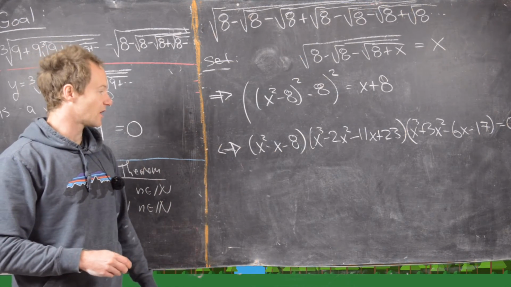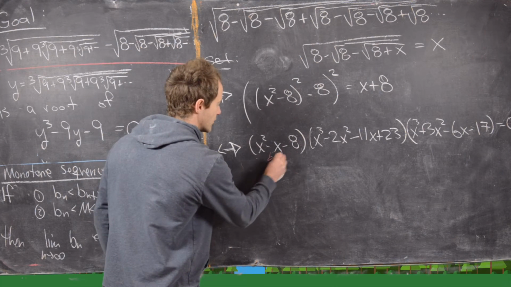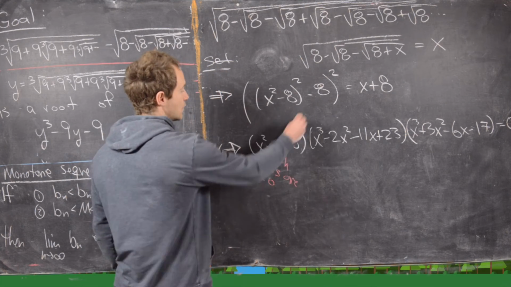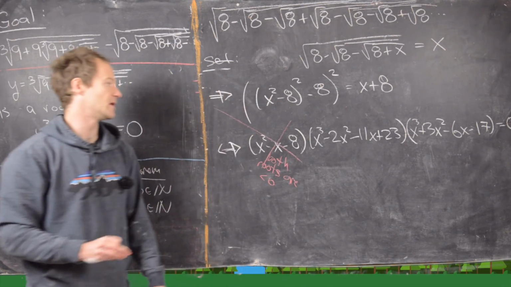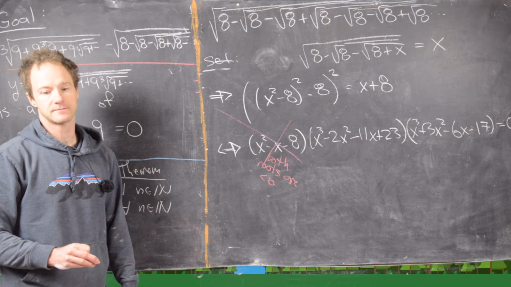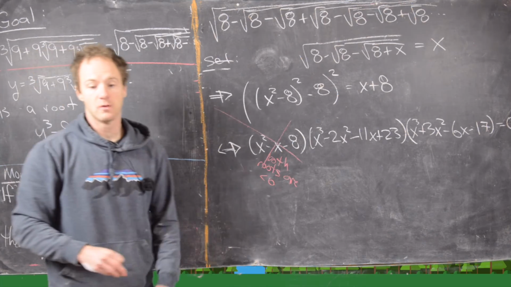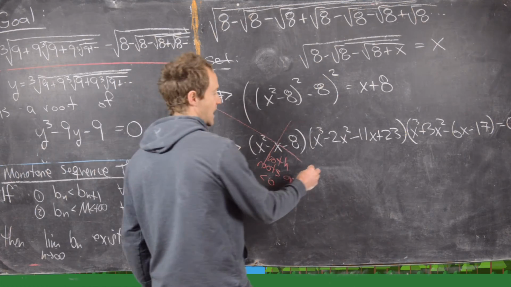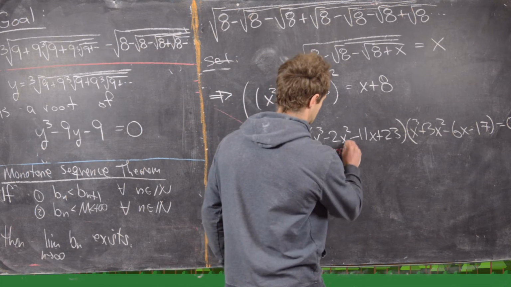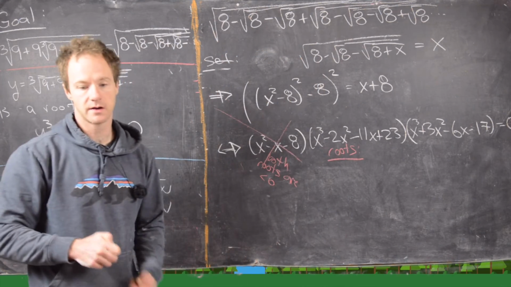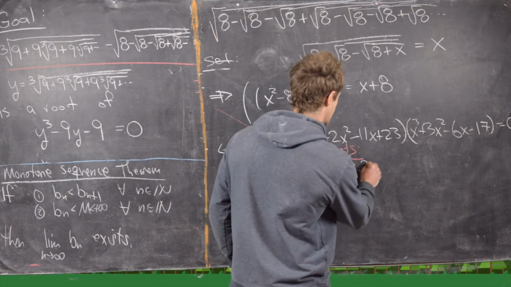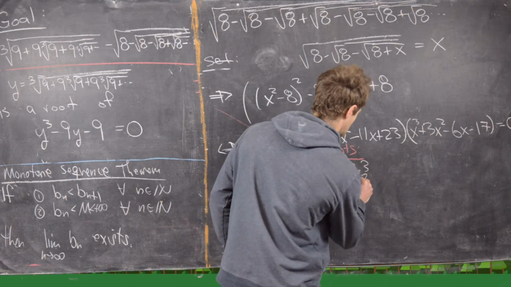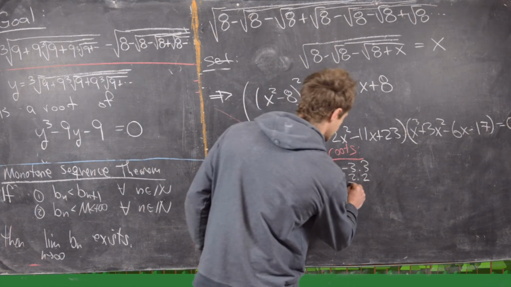Now from here, what I want to notice is that both roots of this quadratic are less than 0, which means our solution will not come from this part. And then after that, we can check that the roots of this cubic equation are approximately equal to minus 3.3, 2.2, and then 3.2.